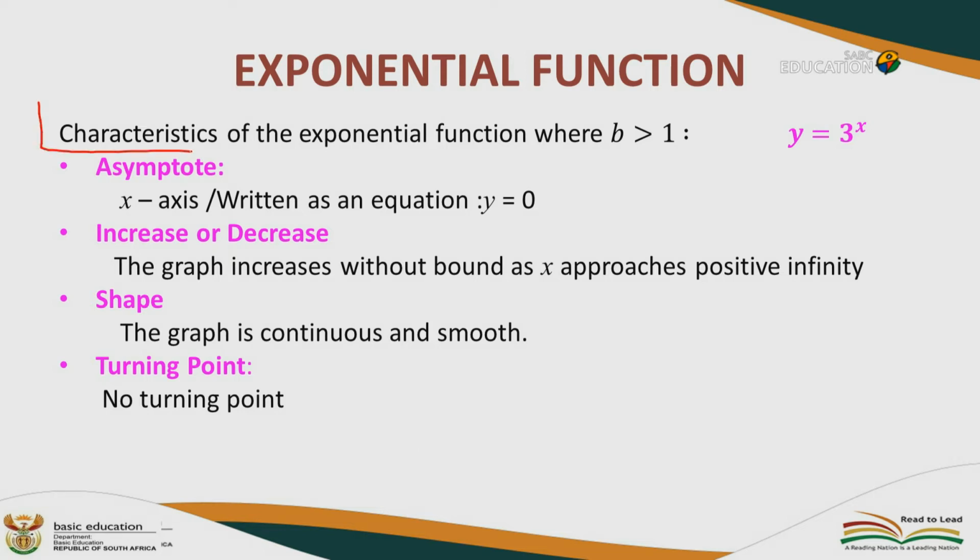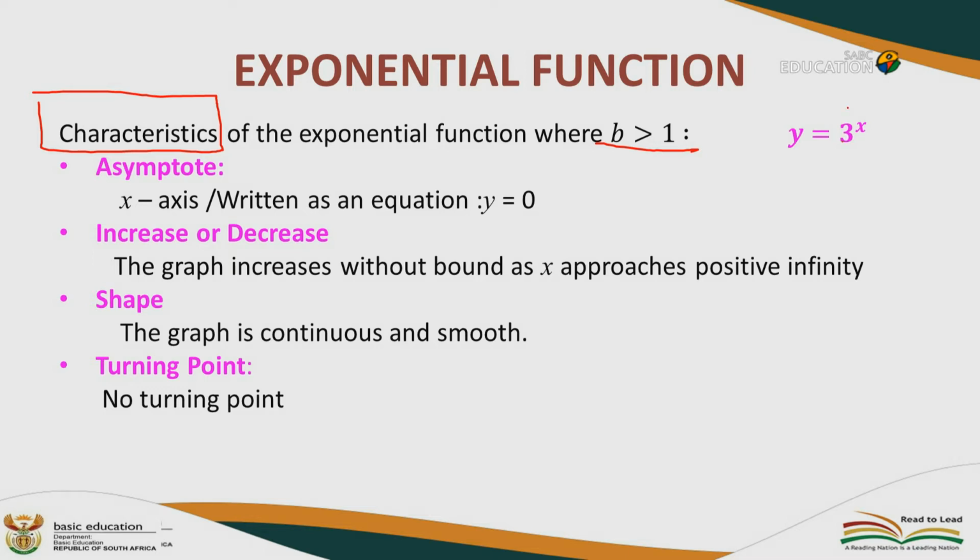Now, our next characteristics. Remember, this is very important, very critical, because we're looking at how the graph behaves. We're still looking at the case where b is greater than 1. We have y equals 3 exponent x. We're still working with the graph of y equals 3 exponent x. Now the asymptote.